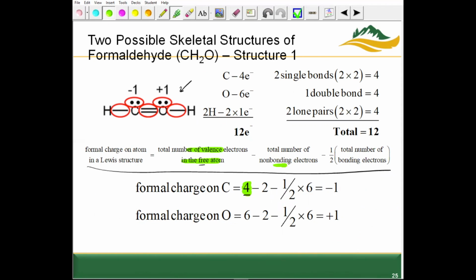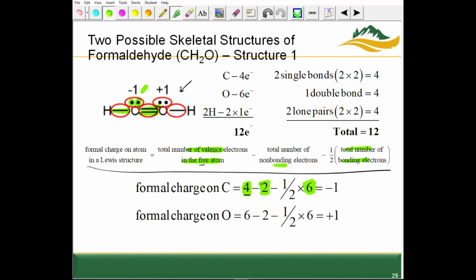How many non-bonding electrons? 1, 2. So we're subtracting the non-bonding electrons. How many total bonding electrons? 1, 2, 3, 4, 5, 6. So we take 1/2 times 6.